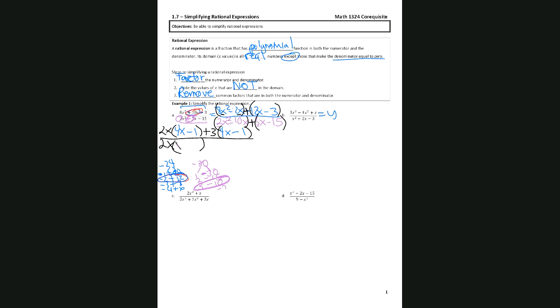And then negative 10x divided by 2x will give me negative 5. For the next group, we will be factoring a positive 3. And 3x divided by 3 will be x. And negative 15 divided by 3 will be negative 5.